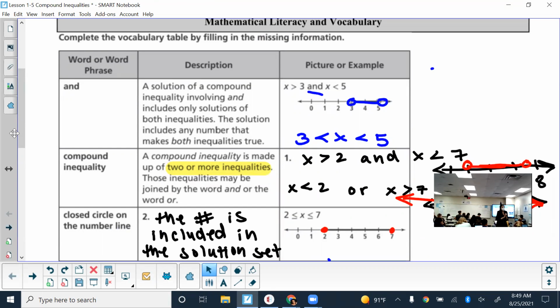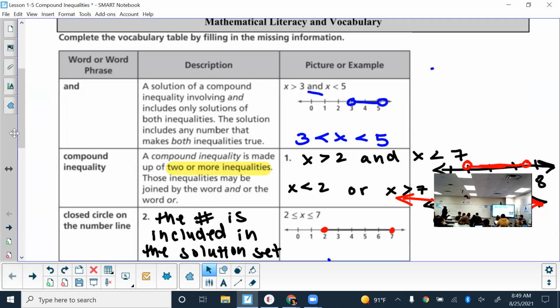All right, so and or statements are the main part of compound inequalities, because of those real world examples, like when I say we need to have less than 2 students or more than 7 students, right?